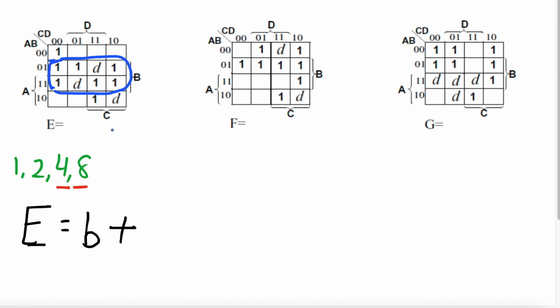We know that these bottom 1 and D have not been circled, and this top 1 has not been circled. If we look at the top one, it's not possible to circle 4 boxes, because we cannot do diagonally. But we can circle 4 boxes over here, like this.